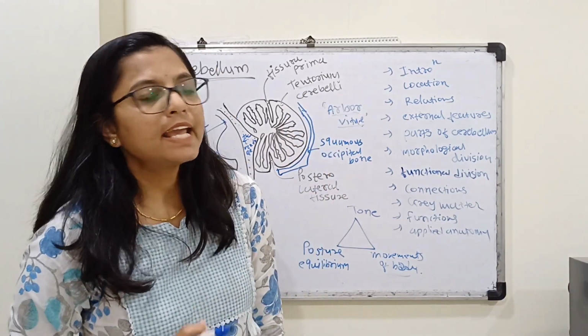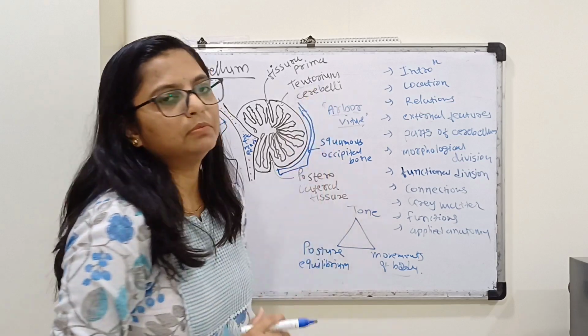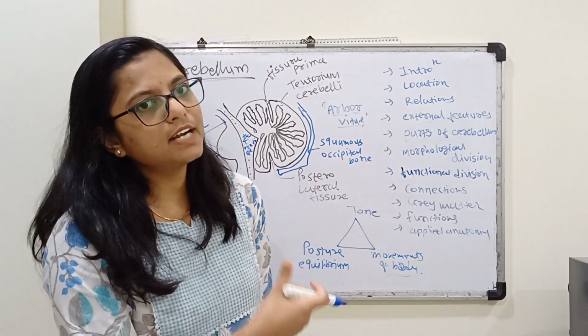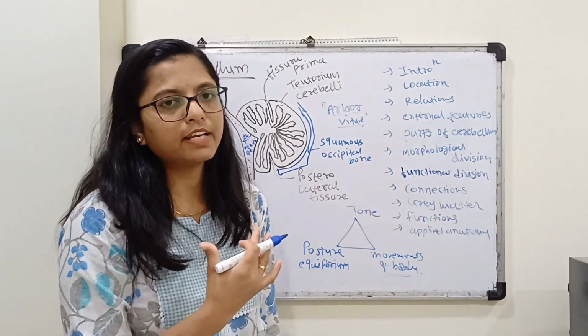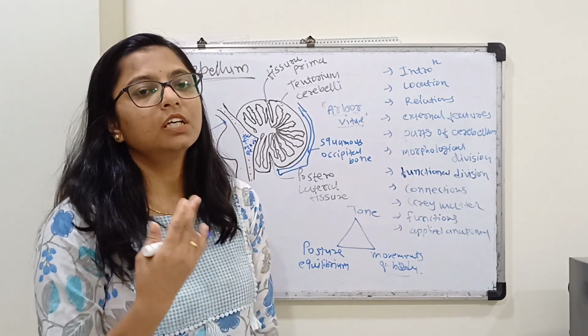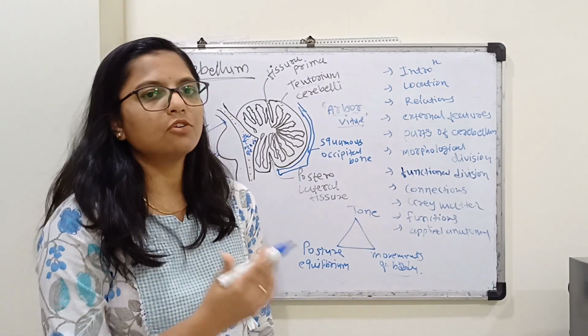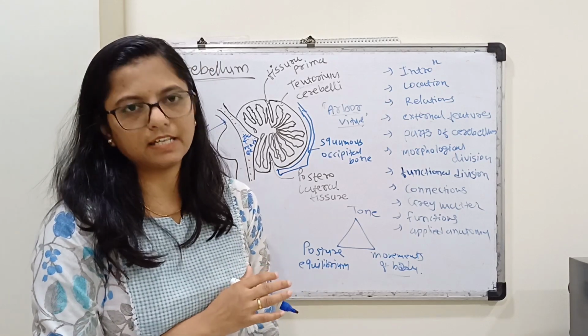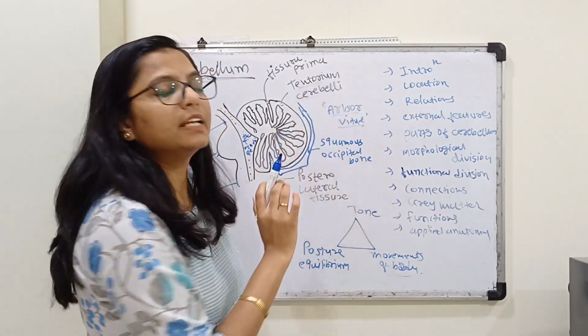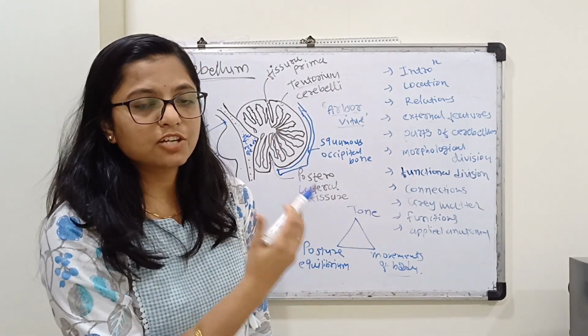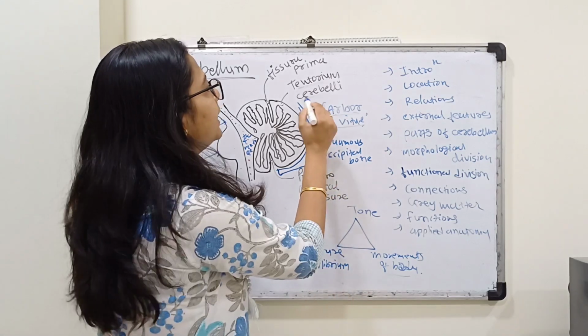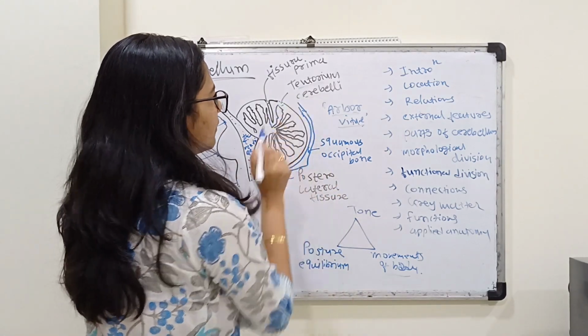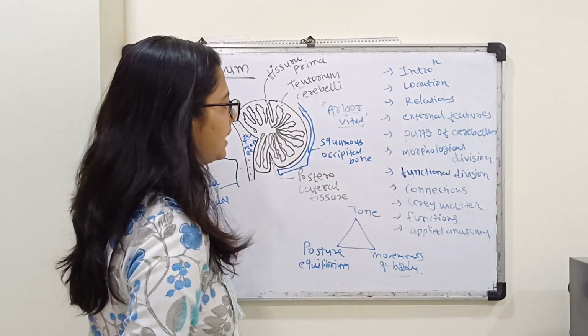Tentorium cerebelli is actually an extended layer of the dura mater. We already know about the two layers of the dura mater, the endosteal layer and the meningeal layer. The tentorium cerebelli is the extended meningeal layer of the dura mater.